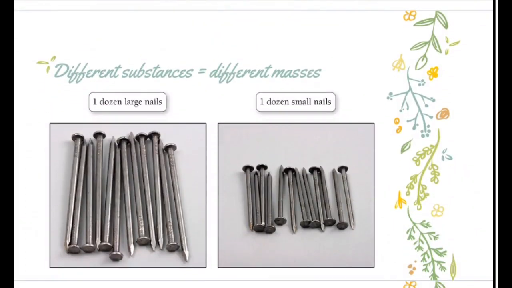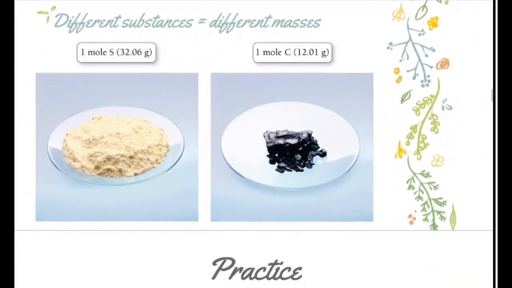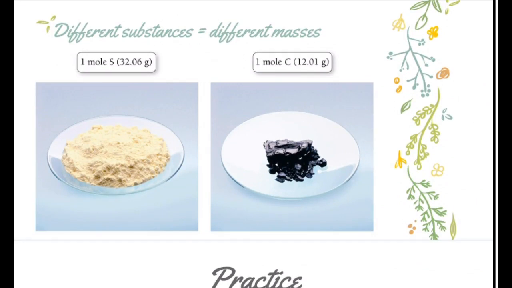So different substances have different masses, right? If we have a dozen large nails, it's going to weigh differently than if we have a dozen small nails. So every substance on the periodic table has a different molar mass, or mass per mole, or mass per that many atoms. So a mole of sulfur, if you look on the periodic table, you'll see that the AMU, what we were once calling the AMU of sulfur, is actually the gram per mole.